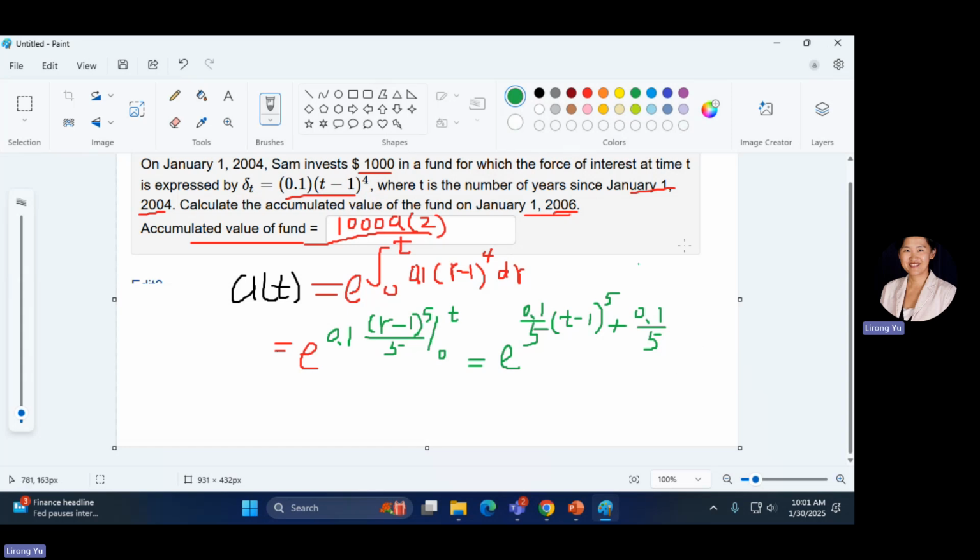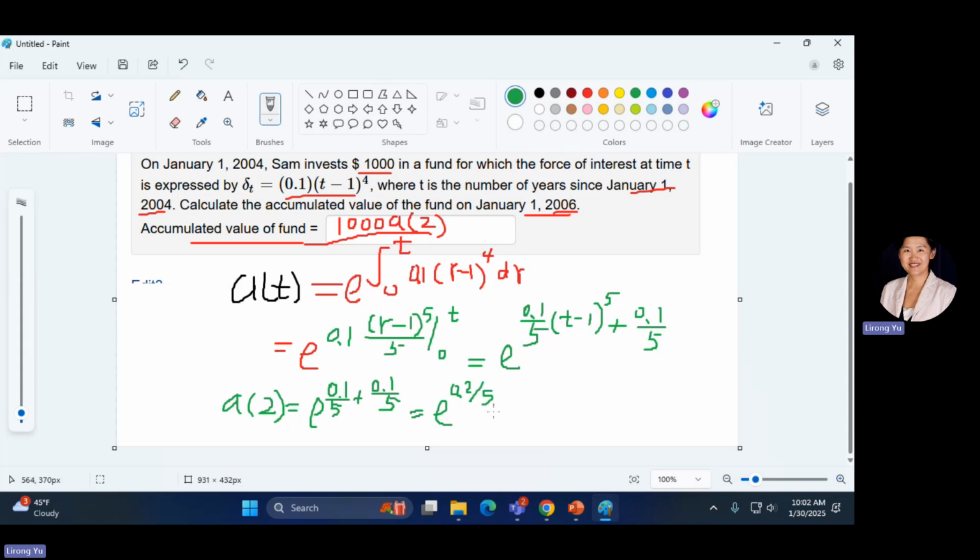So once we know AT, there's no natural log, so there's really no cancellation of the e. So I have to calculate the exponent at t equals 2. So it's e to the power of 0.1 over 5, and then we have 2 minus 1. That's 1. And then 1 to the power 5 is 1. So the accumulation function for 2 years is e to the 0.2 over 5.